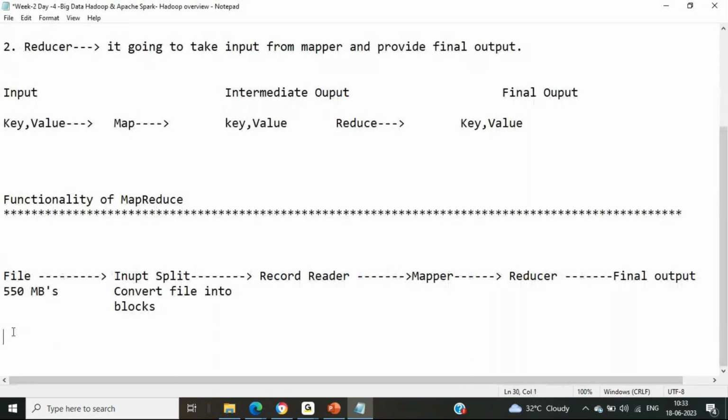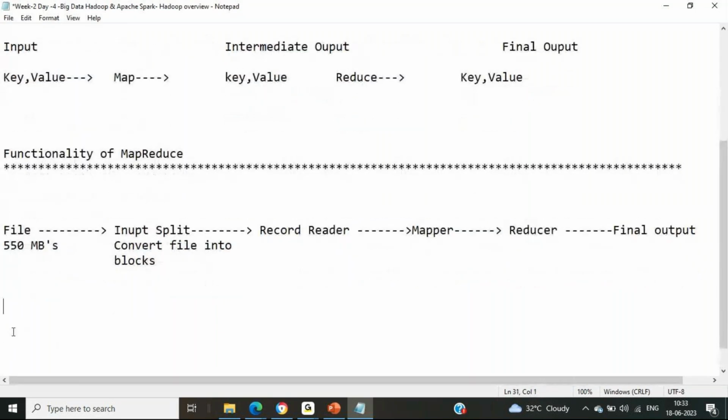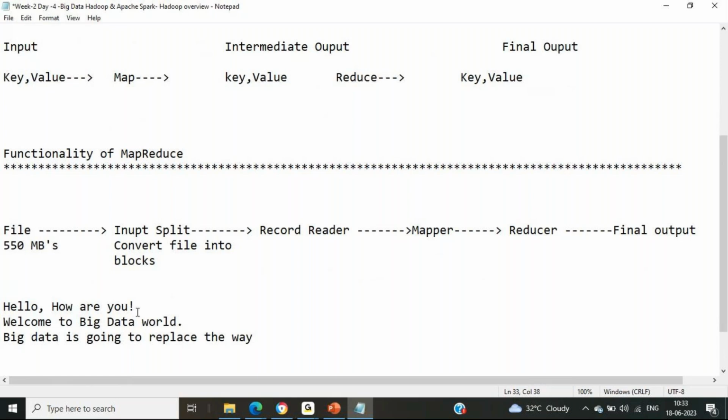Let me take an example. Say I'm having data, hello, how are you. This is the content of this 550 MB file: hello, how are you, welcome to big data world, big data is going to replace the way of thinking.